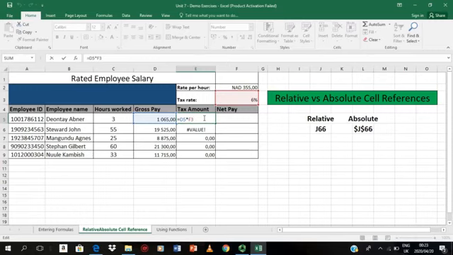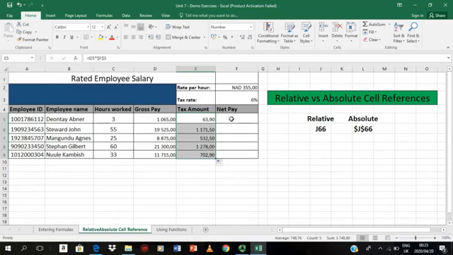And you do that by pressing F4 on your keyboard. Yes, we have the $ sign there. Gives us the same value, yes, but that should solve the rest of the cells.